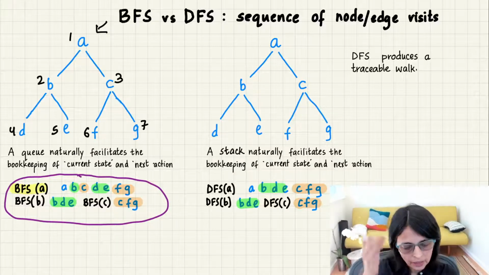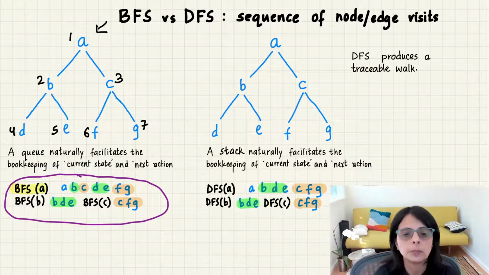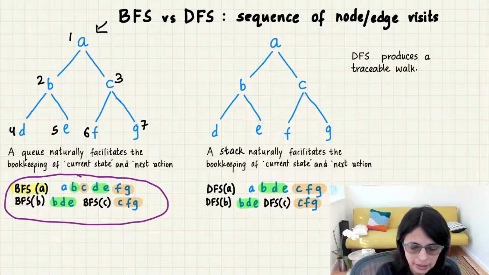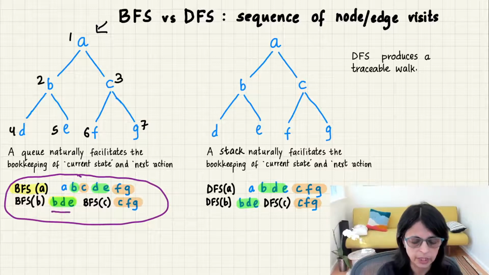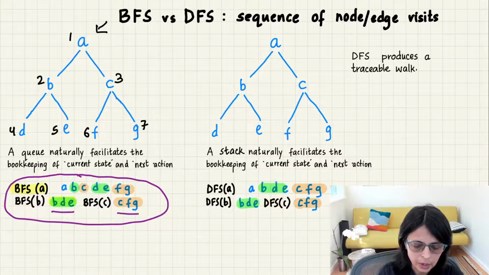If you look at BFS of the node B, if we were to do breadth first search just on node B, then that breadth first search will go B and then D and E, as it's highlighted here. And I just wanted to point this out. So this is breadth first search of B, this is breadth first search of C, and this is breadth first search of A, correct?